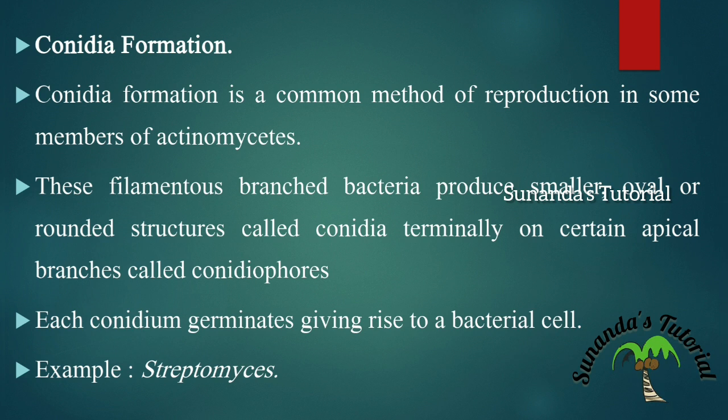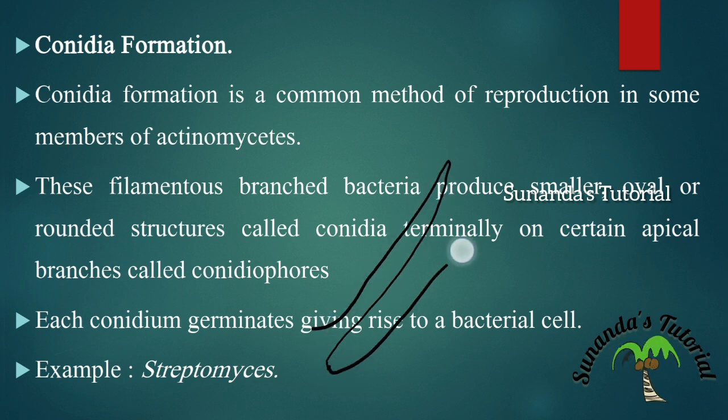Next, conidia formation. It is a common method of reproduction in some members of Actinomycetes. These filamentous branched bacteria produce smaller, oval or rounded structures called conidia terminally on certain apical branches called conidiophores, as in fungi. Each conidium germinates, giving rise to a bacterial cell.